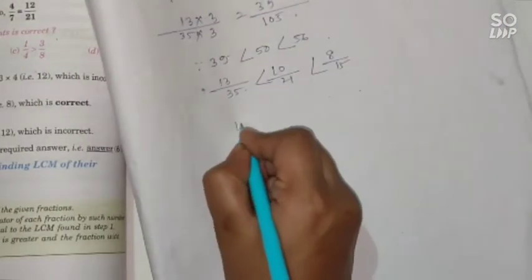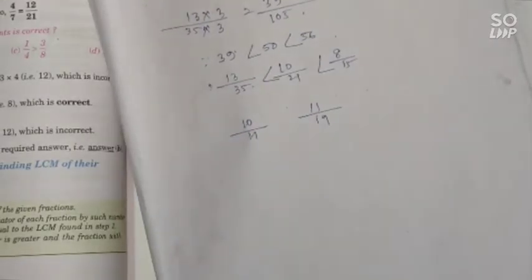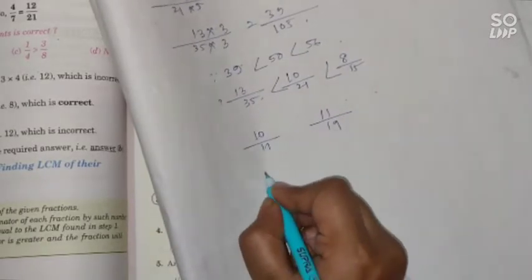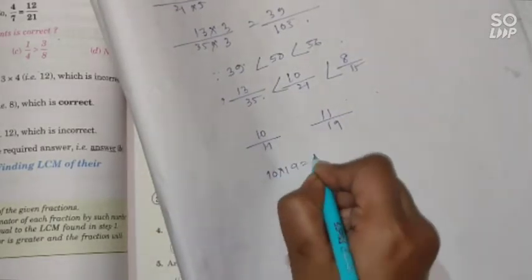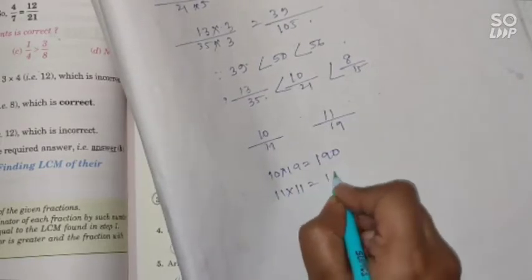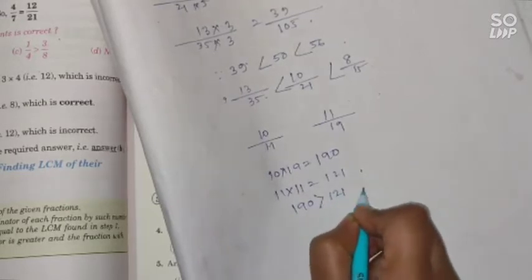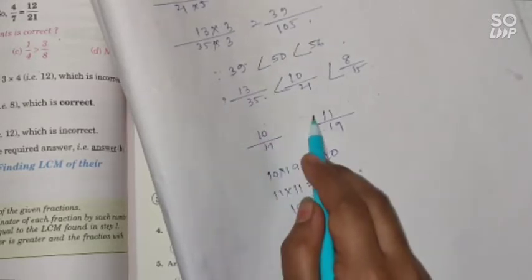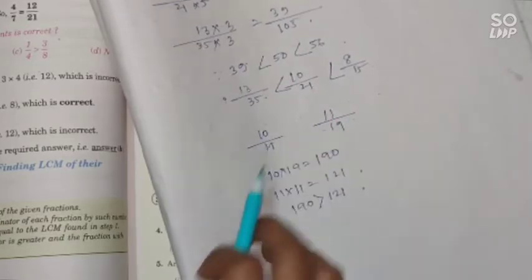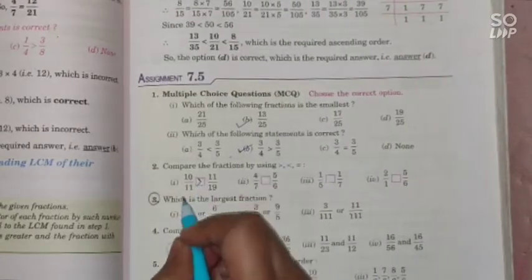You have to do the cross multiplication. 10 into 19 equals 190. 11 into 11 equals 121. Since 190 is greater than 121, AD is greater than BC. So 10 upon 11 is greater than 11 upon 19.